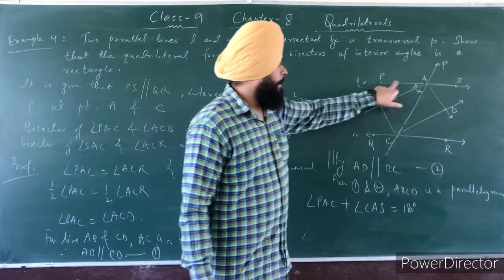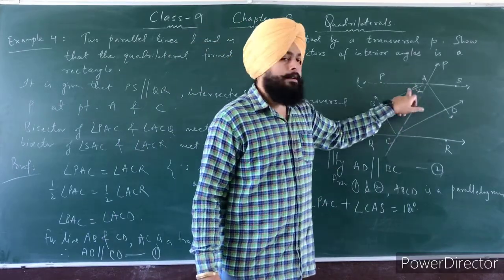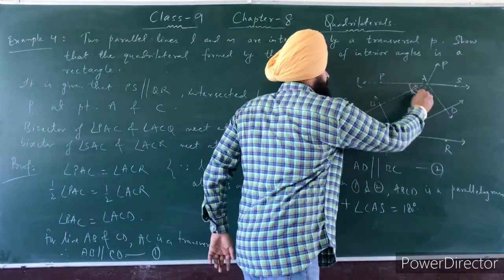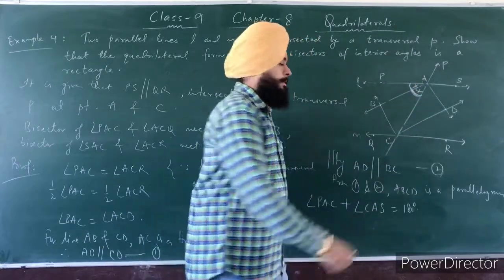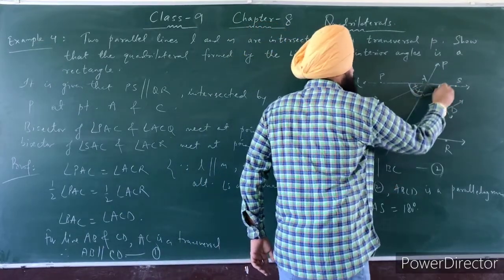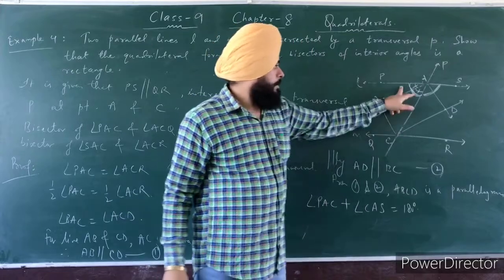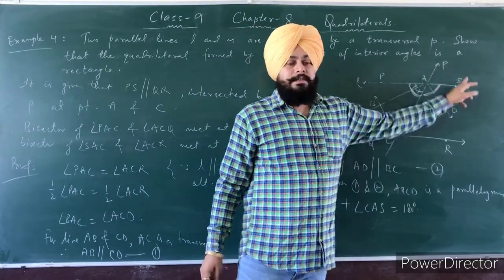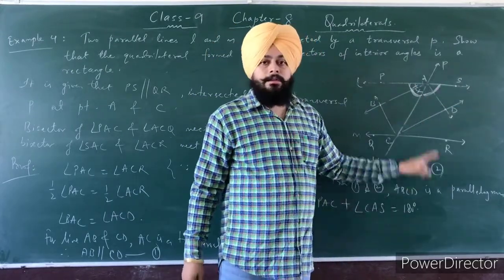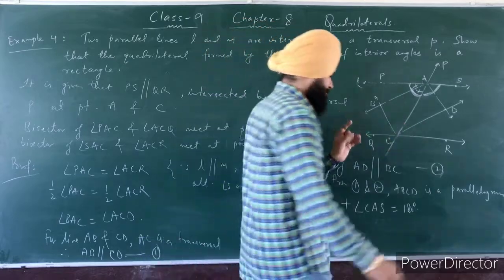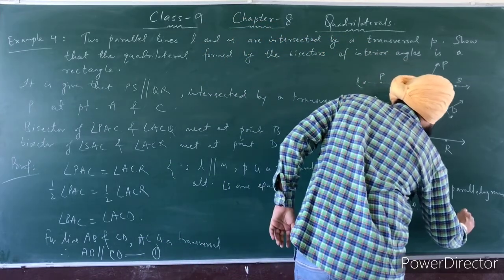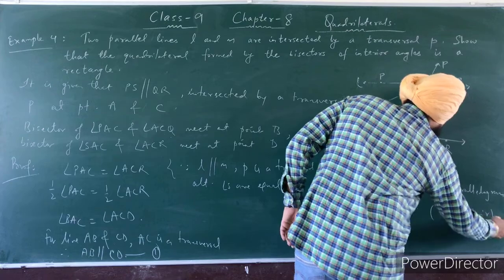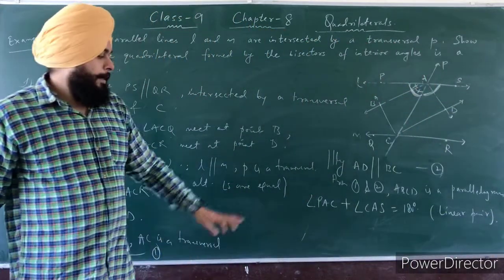Angle PAC, this complete angle, and angle CAS, this complete angle. So the sum of these two angles, angle PAC and angle CAS, is equal to 180 degrees. The reason is linear pair. Clear?